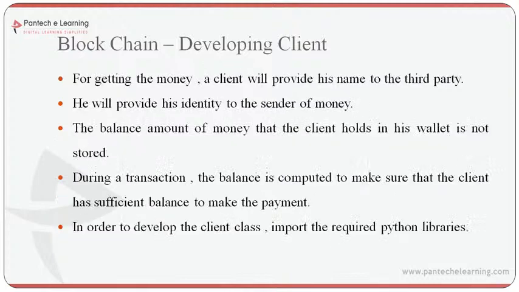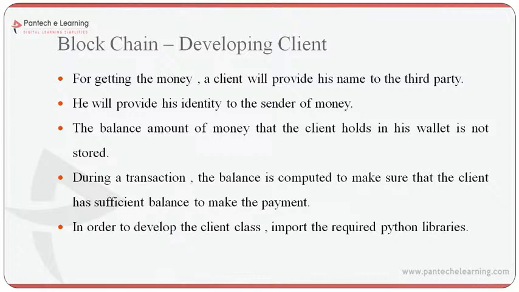How am I going to develop a client class? What are all the different things it is going to contain? Whenever a client is going to buy something, it should contain his name. In order to identify the clients, there should be a name. Then he should spend some money. How much money is he going to pay in order to buy something?